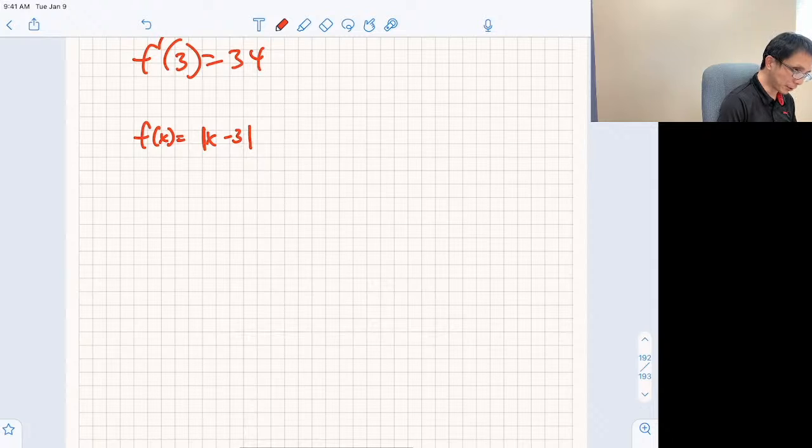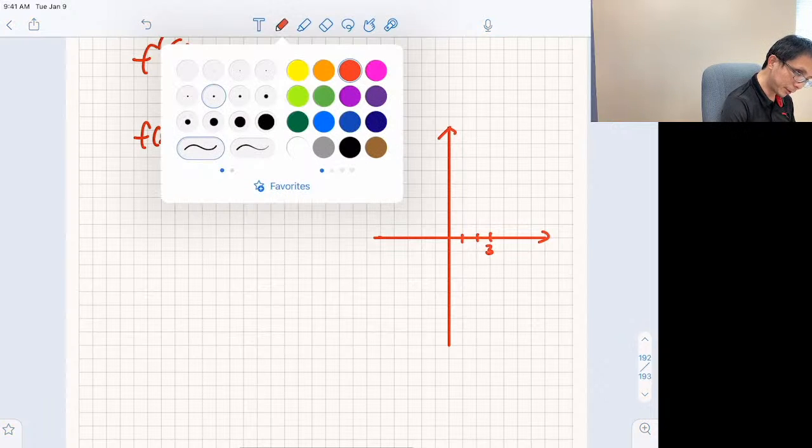So there are two ways to do this. One is to understand the graphing perspective of calculus. And this is the understanding. So 1, 2, 3. At this 3 here, it is going to create something called a sharp turn.